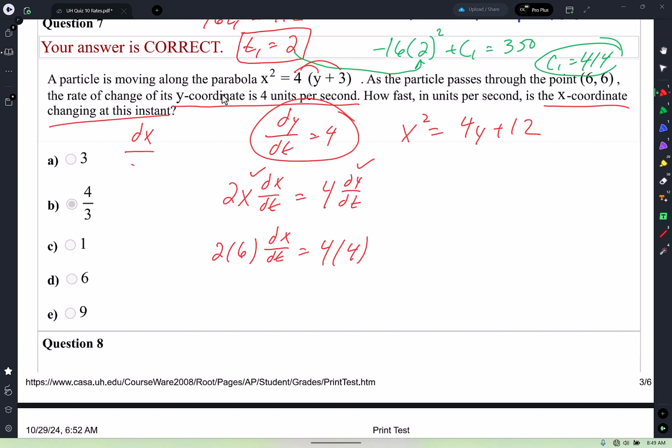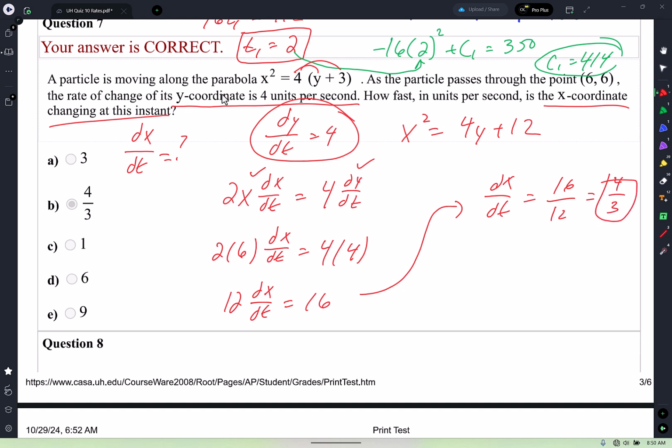That's dx/dt. We're almost done. 12 dx/dt equals 16. So dx/dt equals 16 over 12, which reduces. 4 goes into 16 4 times, 4 goes into 12 3 times. So 4/3. Bam. What do you guys think? Not bad, right?